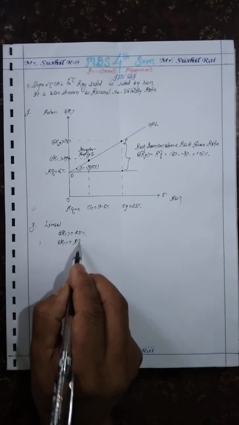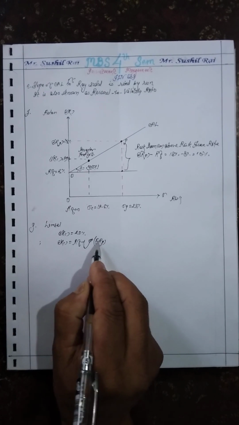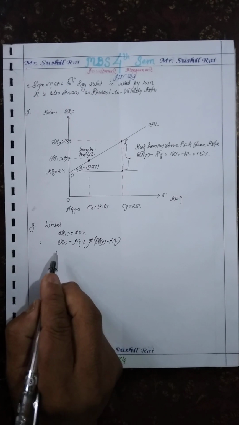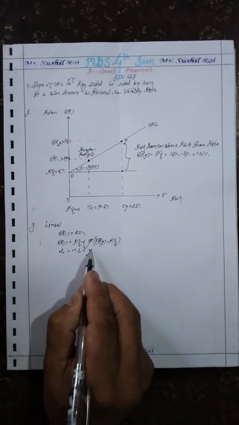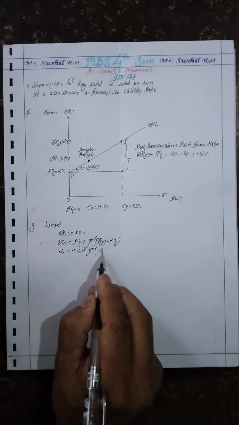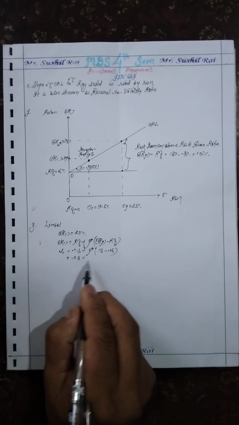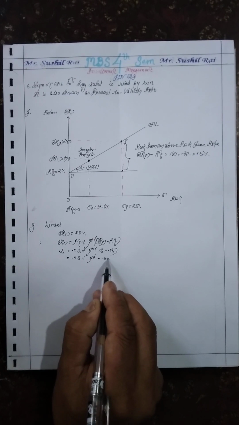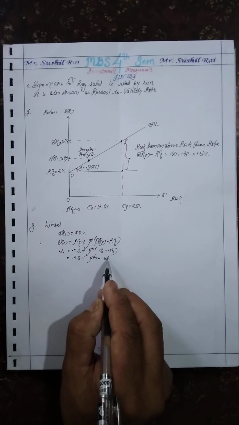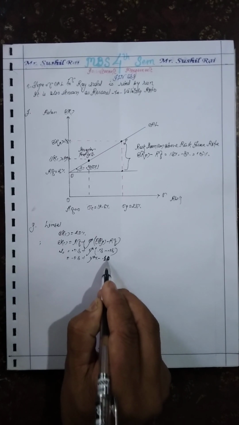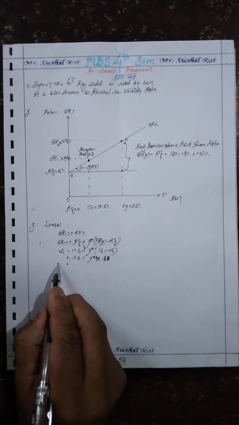ERC is equal to RF plus Y* times (ERP minus RF). 0.2 equals 0.08 plus Y* times (0.18 minus 0.08), so 0.08 plus Y* times 0.10 is equal to 0.2.